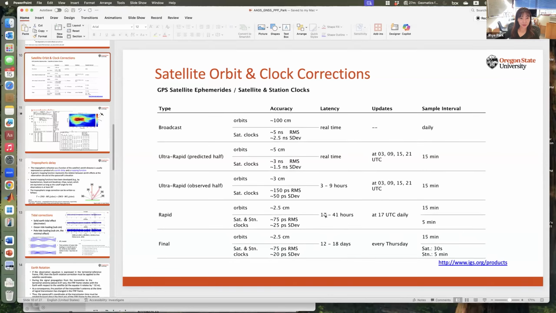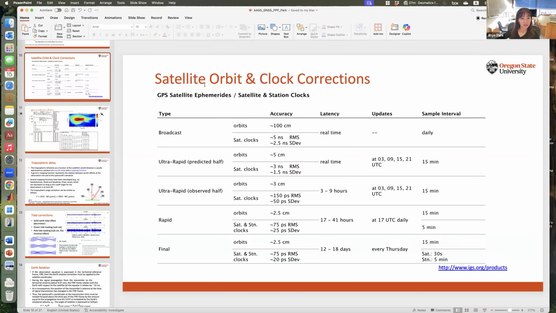It's a good question. So let me share my screen and revisit one of the slides I used. All right, so this is the summary of the tables I have related to the satellite orbit and clock correction product.